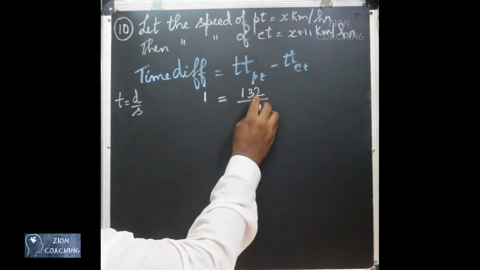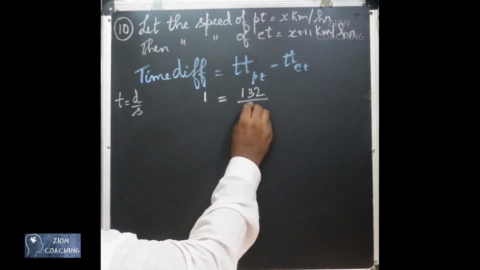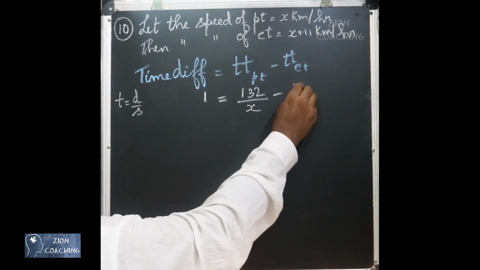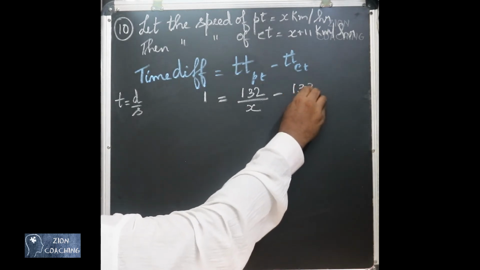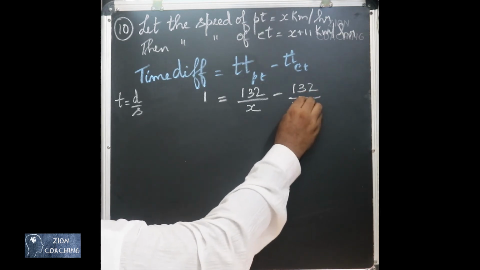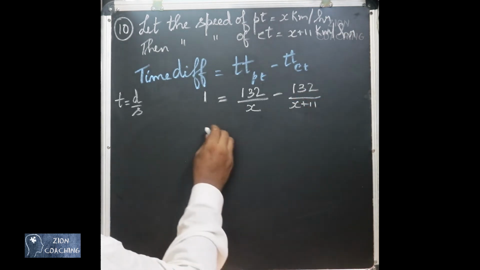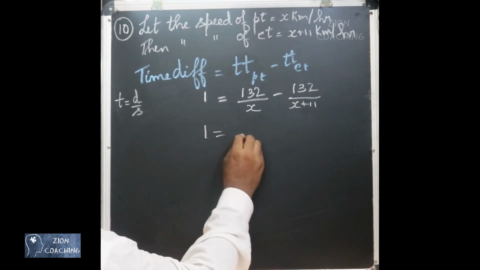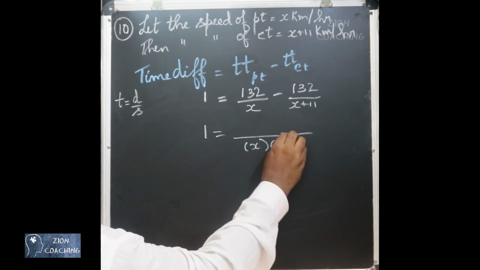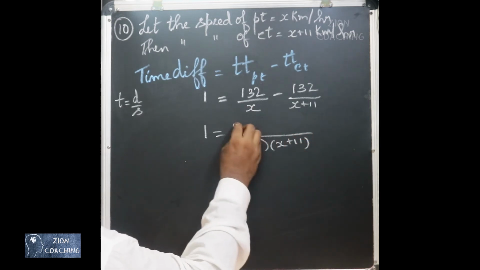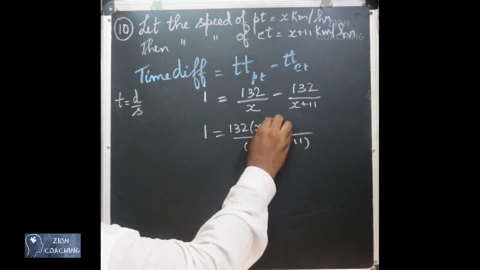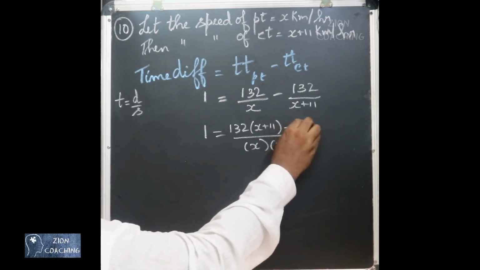The speed of the passenger train is x, minus, again the distance traveled is the same, but the speed of the express train is x plus 11. Now when you take LCM, you will have x into x plus 11. This is going to be 132 into x plus 11 minus 132x.